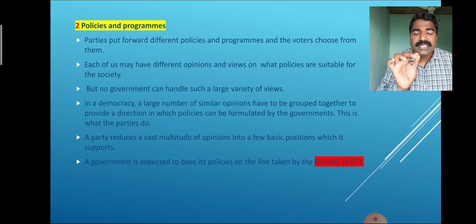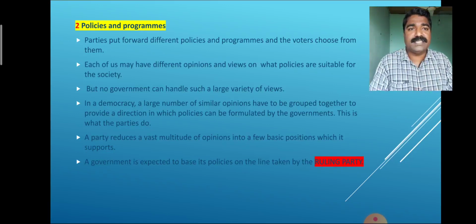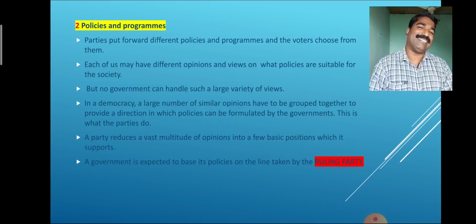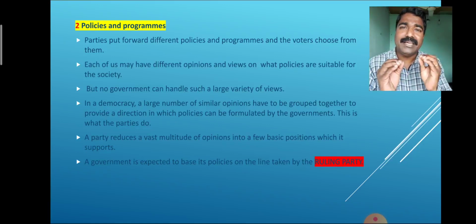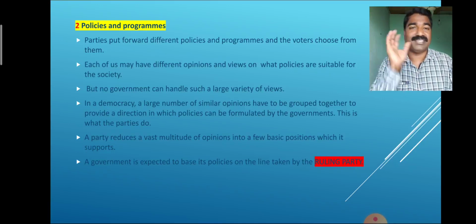The government is expected to base its policies on the line taken by the ruling party. The government's decisions mainly depend upon the decisions taken by the ruling party.